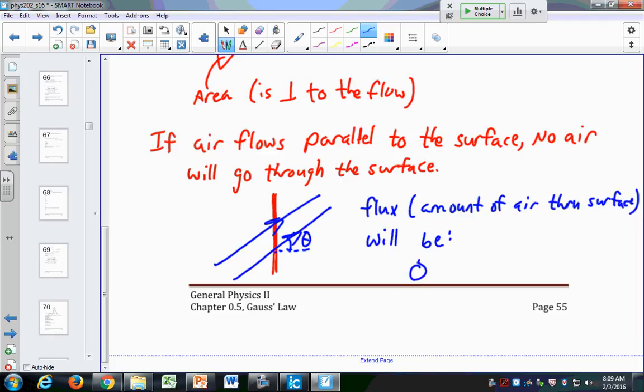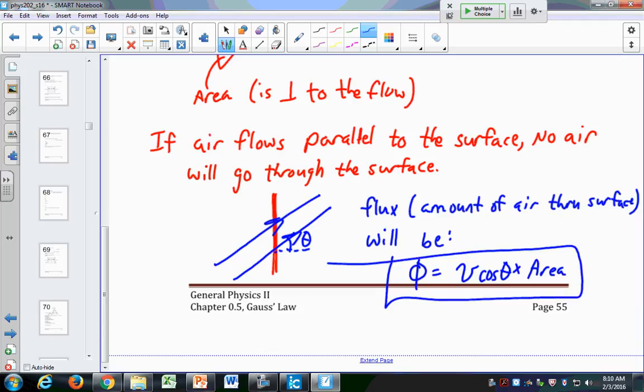Our flux phi will be V times our area, but I'm missing something. What do I need to put here to represent that I'm only looking for the portion of the air that's traveling perpendicular to this surface? I need to put in my cosine, right. So V cosine theta times the area. So this is a more general term for the flux that we didn't have before.